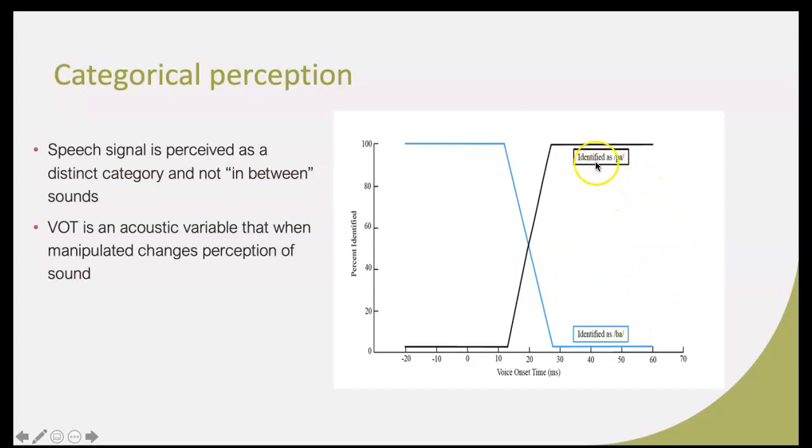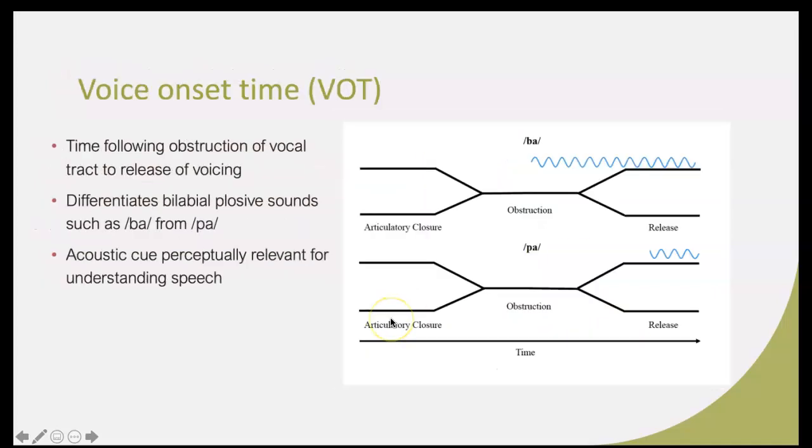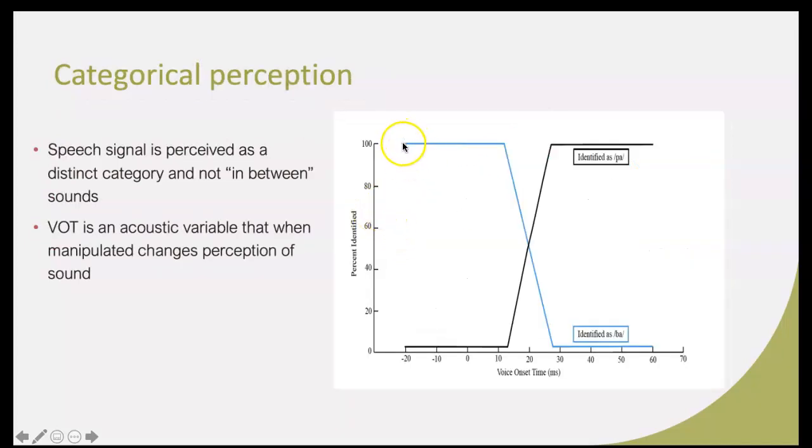So if you have a short voice onset time, right here, minus 20, that means before the opening of the mouth, you have the sound almost 100% ba. Remember, let's go back, right? So it's ba when you have a very short onset time. And essentially, when you have these short onset times, it's ba, ba, ba, ba.